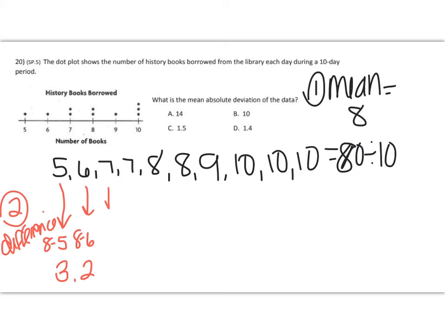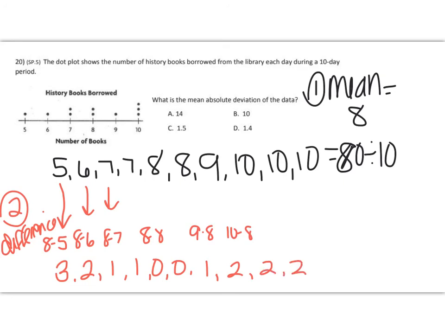For 7, it would be 8 minus 7, which is 1, and again 1. 8 minus 8 is 0, 0. 9 minus 8 is 1. 10 minus 8 is 2, 2, 2.